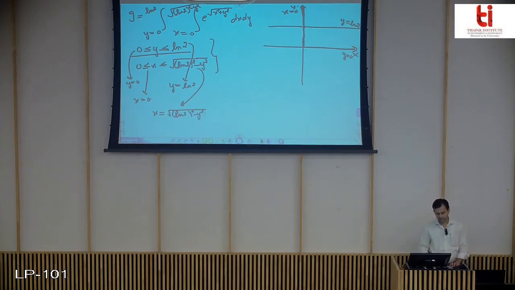Let us just solve it and see what we get. It is your x² plus y² equals (ln2)². So it represents a circle. So basically x less than or equal to square root of (ln2)² minus y² is a part of the circle x² plus y² equals (ln2)².